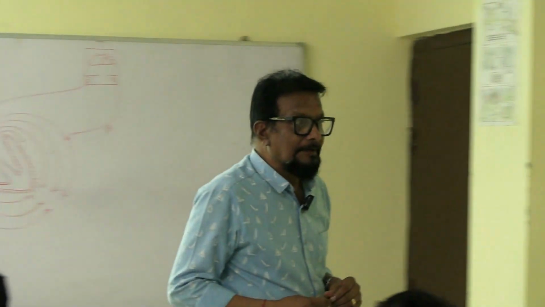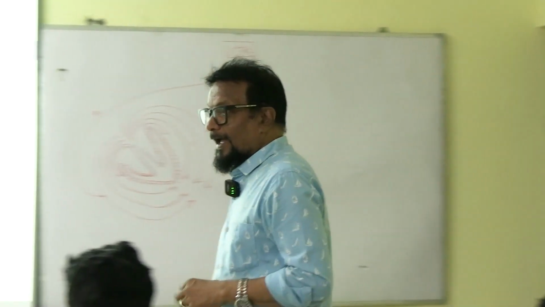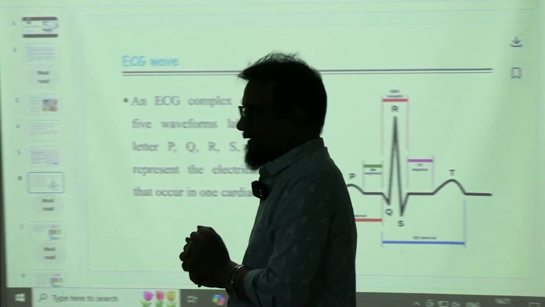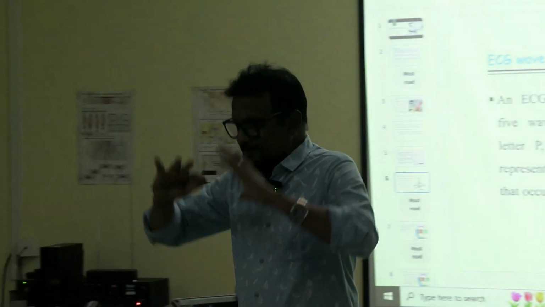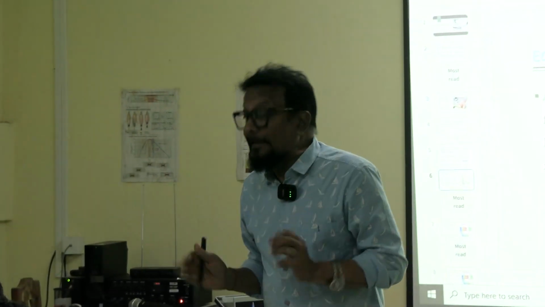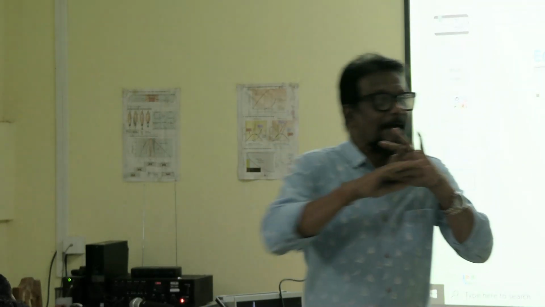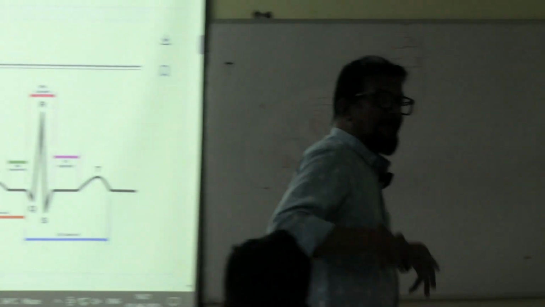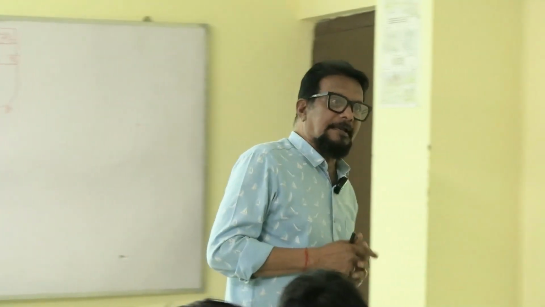Very simple. We can consider our body as a volume conductor, and the heart is lying within this volume conductor. What is a volume conductor? It's a volume where there are electrolytes, and because of the presence of these electrolytes, current can pass easily. Our body has fluids, and these fluids have electrolytes, so it's very easy to pass.